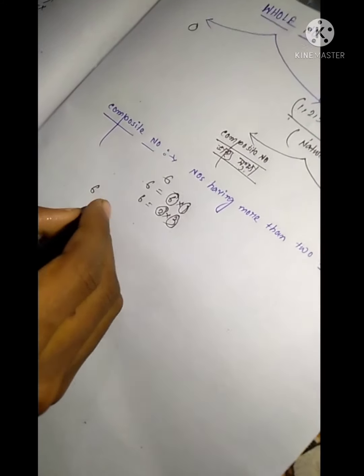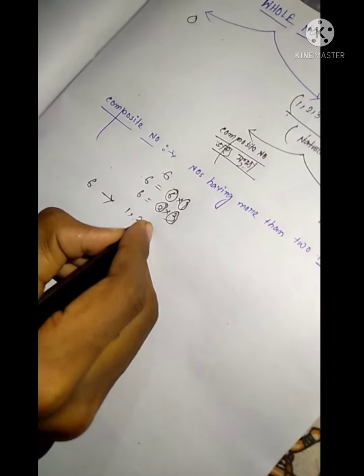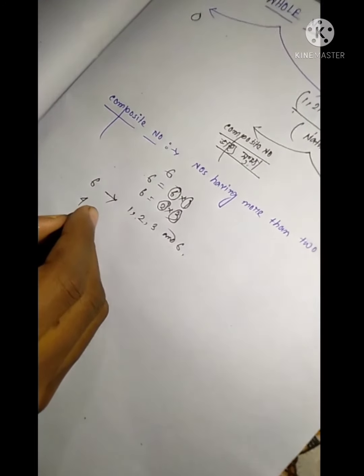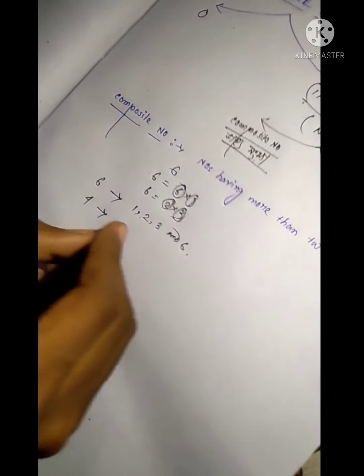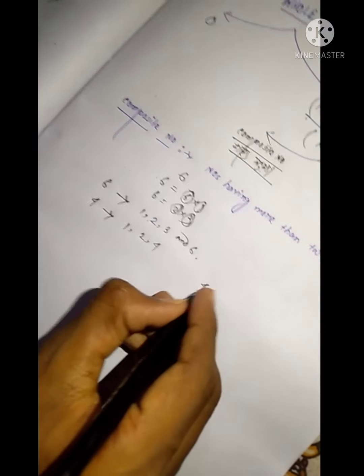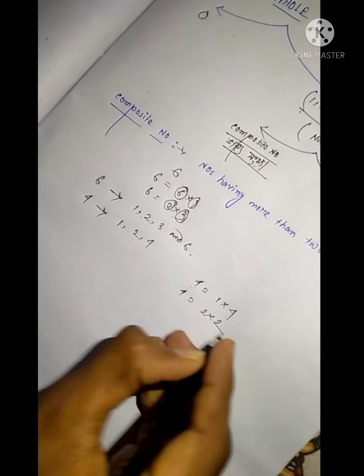So 6 has four factors: 1, 2, 3 and 6. If I say 4, it has three factors: 1, 2, 4. Because 4 is equal to 1 into 4 and 4 is equal to 2 into 2.